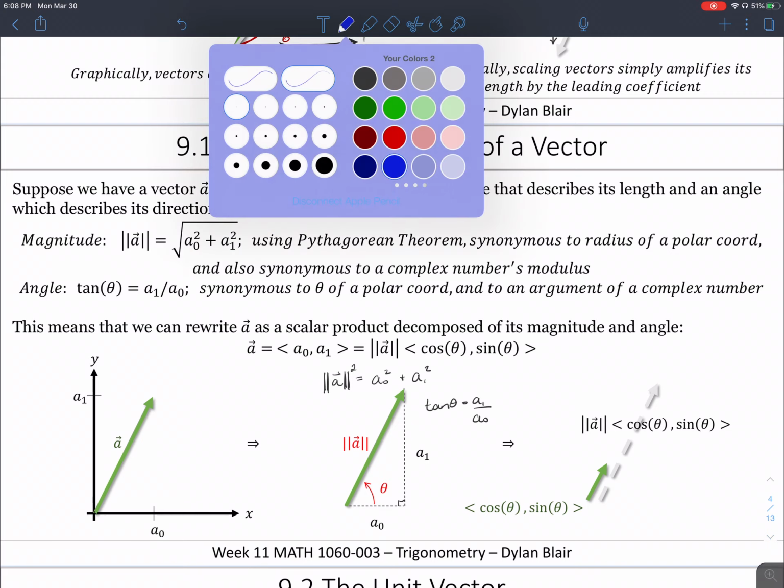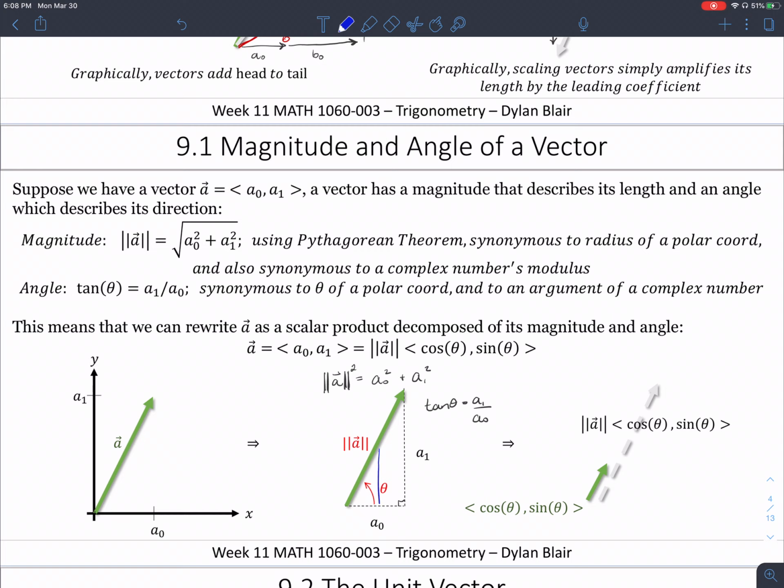Let's actually change the color. And we're going to say its magnitude is 1. And the reason why we want its magnitude to be 1 is because when we scale this new vector by its magnitude, it just expands it out by its magnitude so that we get back to our original vector.